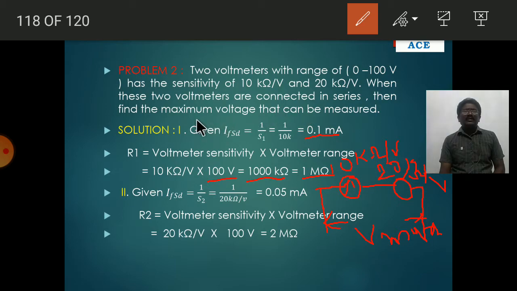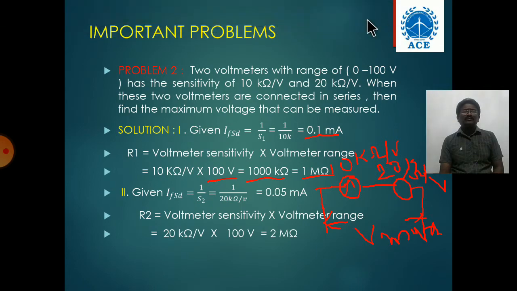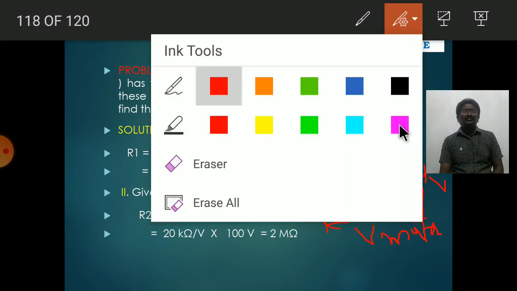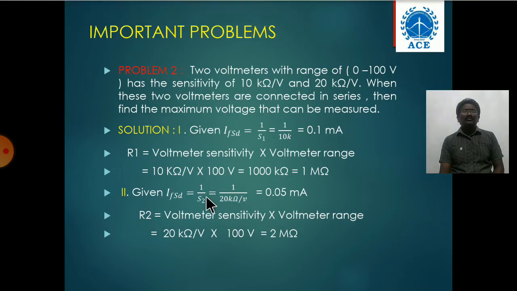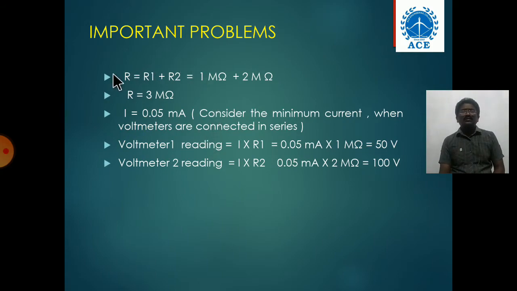So now find the maximum voltage that can be measured. Now add the total resistance in the circuit. Here R equals R1 plus R2, add them, then you will get 3 mega ohm. Already you know the value of I, 0.05 milliamps.